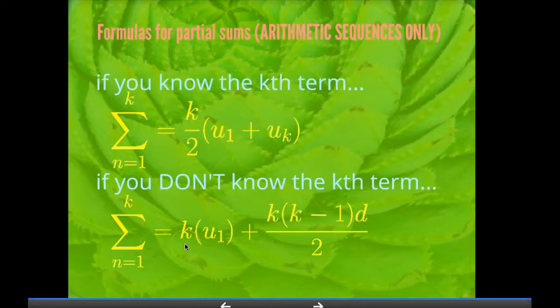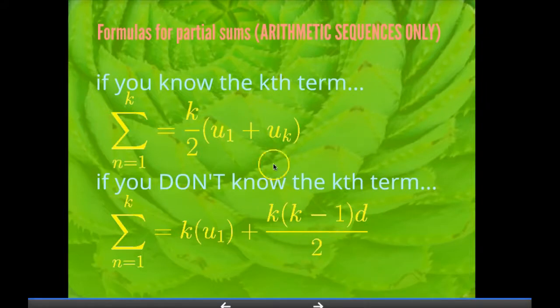If you don't know the kth term, you're going to take k times u sub 1 plus, and then this whole thing is a fraction: k times k minus 1, and again, k will be some number, times your difference, and you're going to take that whole product and divide it by 2.